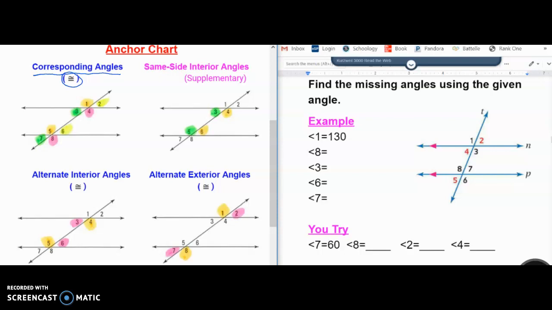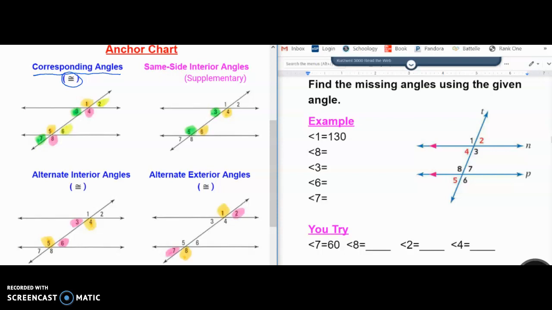Angle 1 is on the top left of where the lines cross, and angle 5 is on the top left of where the lines on the bottom cross. So those two are in the same place but different lines. So they are corresponding angles, which means they are congruent.